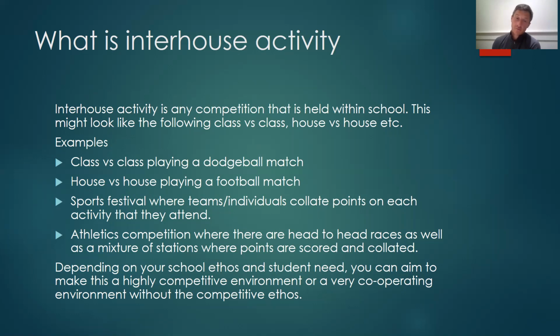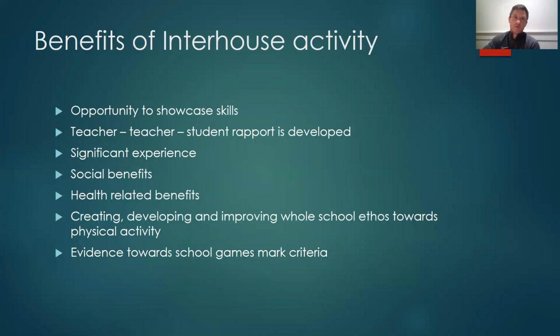At this point, it's important to remember all those different things are inter-house or intra-school sport activity, and it's important for you to decide what you want from your inter-house activity, what your aim is, who your students are, and what you think will be best for them. But we'll talk about that more later as we go through.